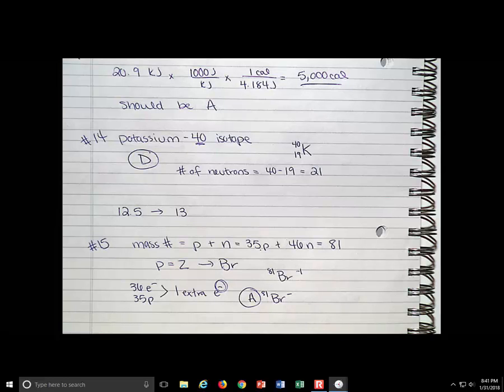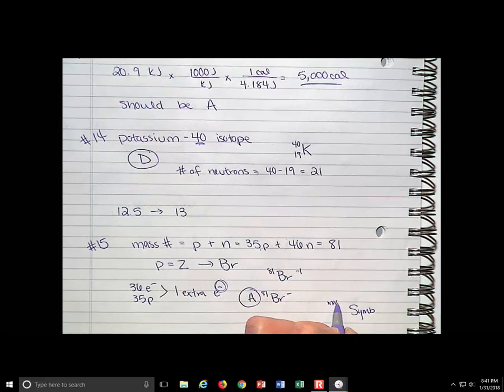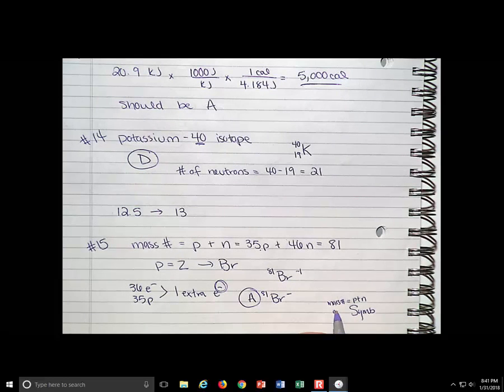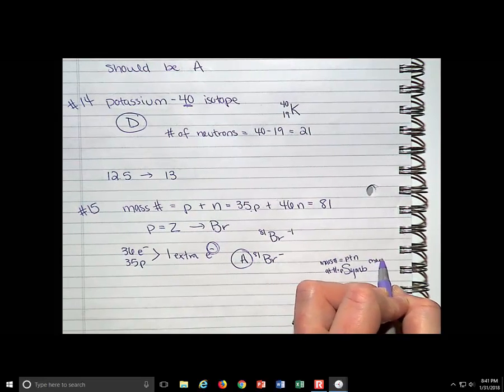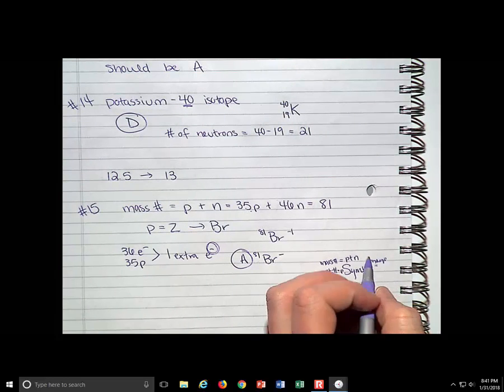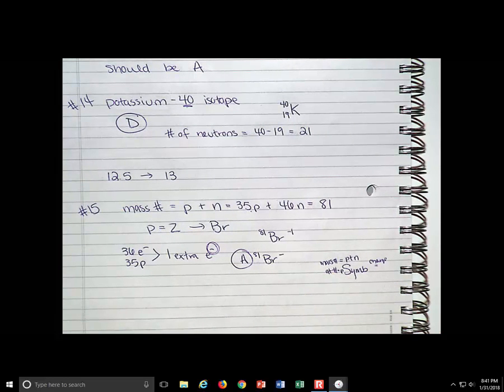So having something on your note card where you have symbol, mass number, which equals protons plus neutrons, and then atomic number, which equals number of protons, and then charge, which gets a little tricky here.